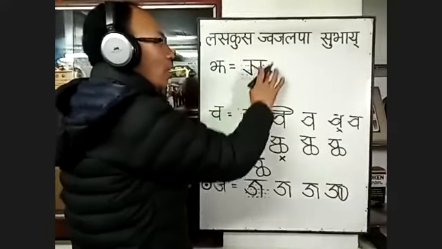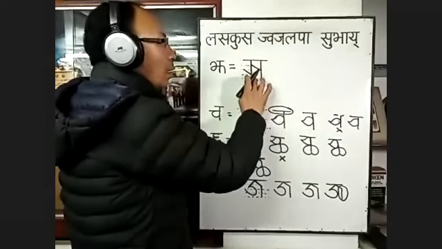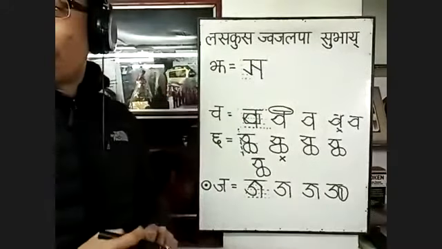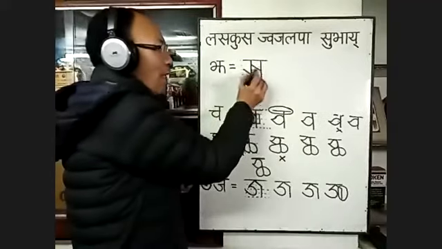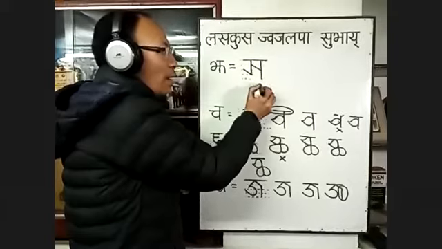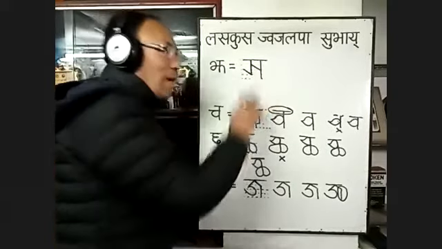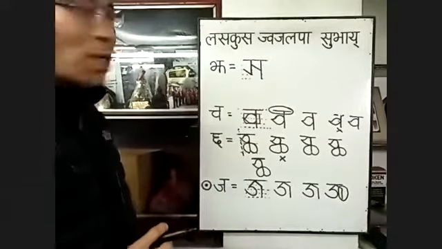This is cha. If you had drawn this line a little longer towards here and then given the re-car at the bottom of this line, it would have become re. But here it is cha.